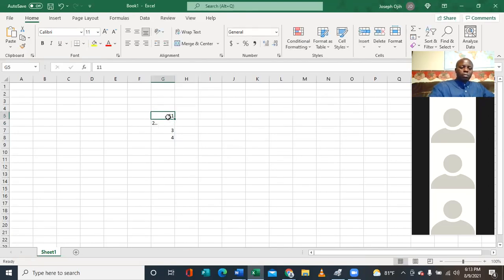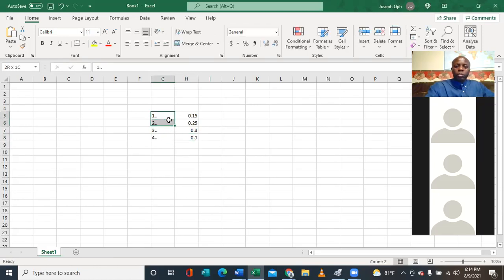Okay, one, and 2, 3, for example. Just an example. 4, and this is the probability P(x): 0.15, 0.25, 0.3, and 0.10.